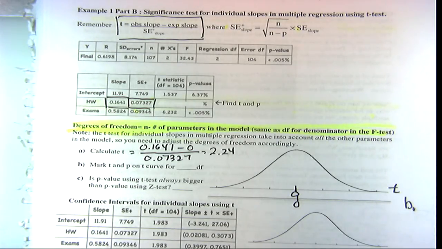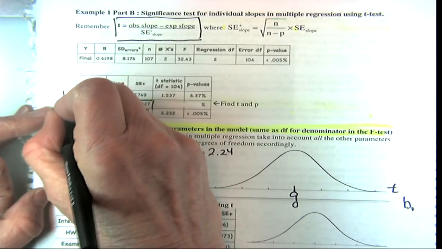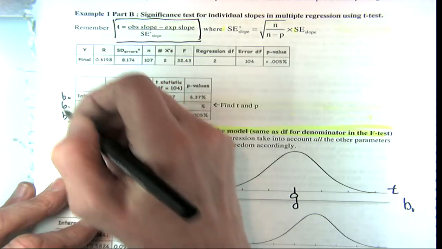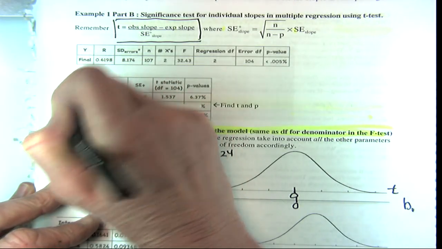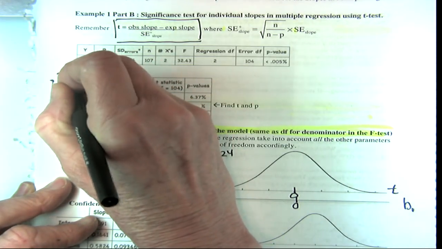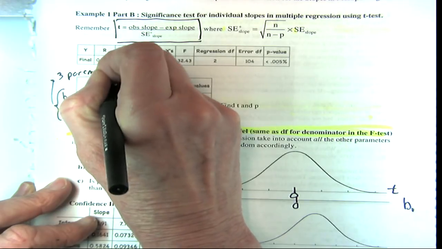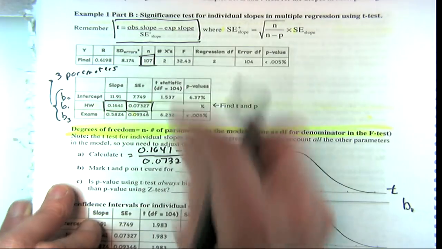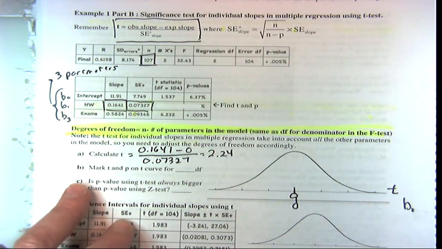Now, how many parameters do we have? So now we have to think about it. We have 1, 2, and 3. This is 3 parameters, and our n is 107. So those 2 facts are it.